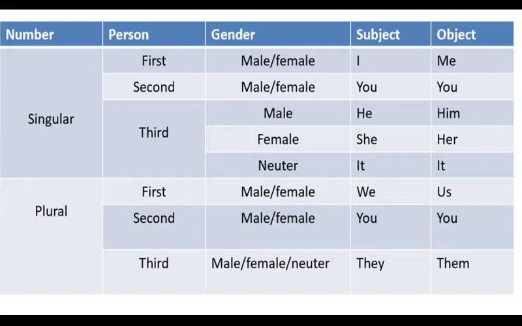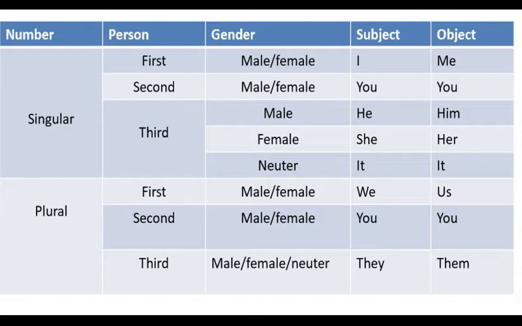But here you can see that I is subject and the object of the first person is me. And generally this concerns male or females. You, the object for you is you. Okay? It's a second person and it concerns male and female.